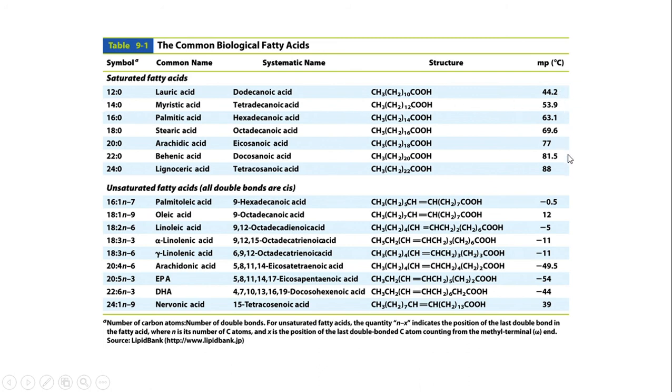So the trend you see here is as carbon numbers increase, so do melting points. If we have a carbon chain with 12 carbons, the melting point is 44.2 Celsius versus 24 carbons, it goes up to 88. And if you compare the melting points for saturated fatty acids to the unsaturated fatty acids, you see that these are much lower. When you introduce that double bond, these molecules are not going to be able to pack as tightly together.